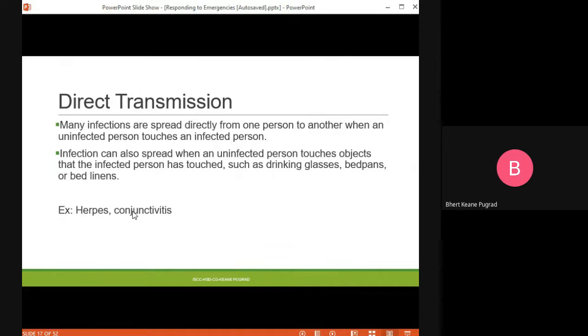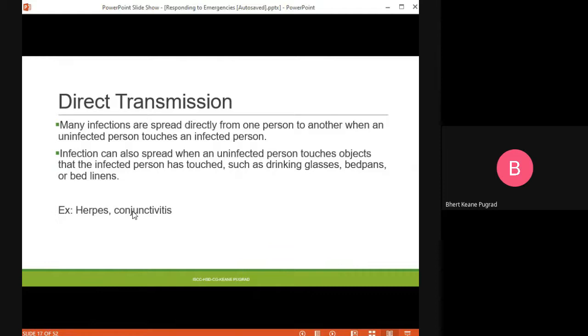Next, we have your direct transmission. So your direct transmission, of course, when infection spreads from an infected person and touches an object that the infected person has touched. Example, we have your drinking glass, the bedpan, and your bed linens. Okay? So take note, there are many infections that are spread from one person to another when an infected person touches a person.